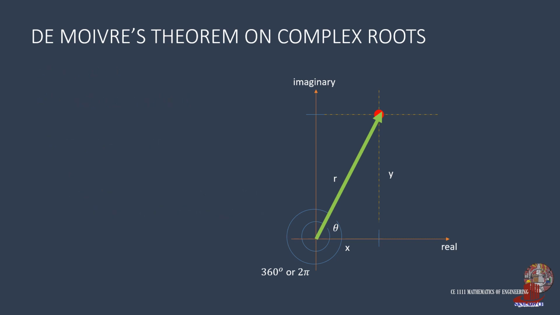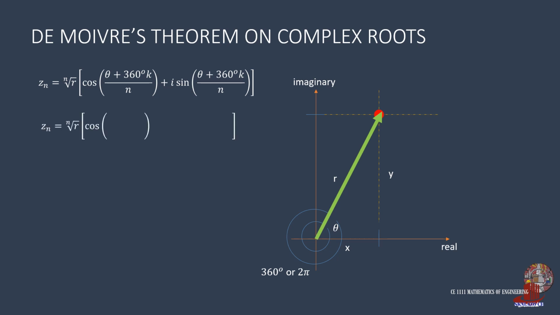Placing the concept into a mathematical statement, De Moivre came up with the complex root as the nth root of the modulus r times cosine of theta plus 360 k over n plus i sine of theta plus 360 k over n. In case we are to use radians, one revolution of 360 degrees is replaced by 2 pi.